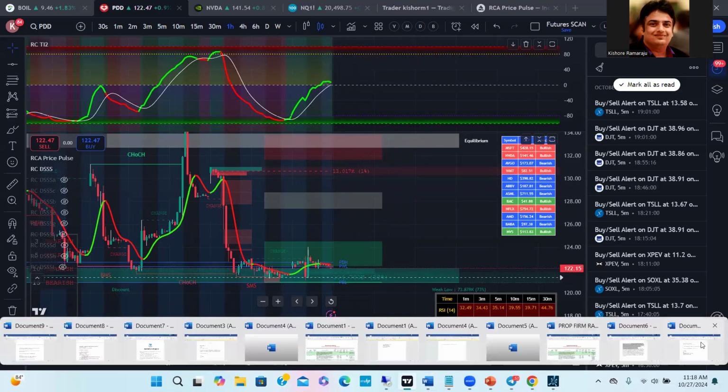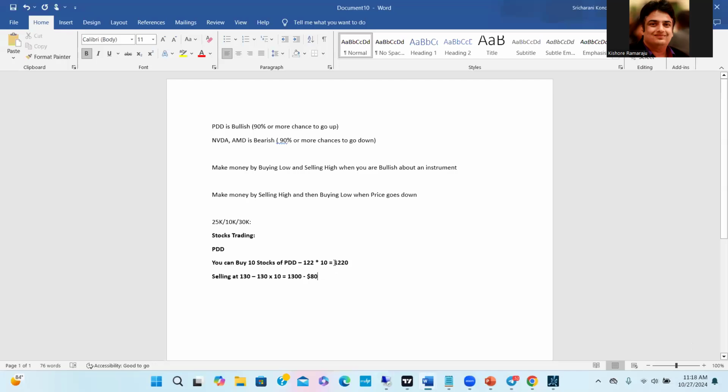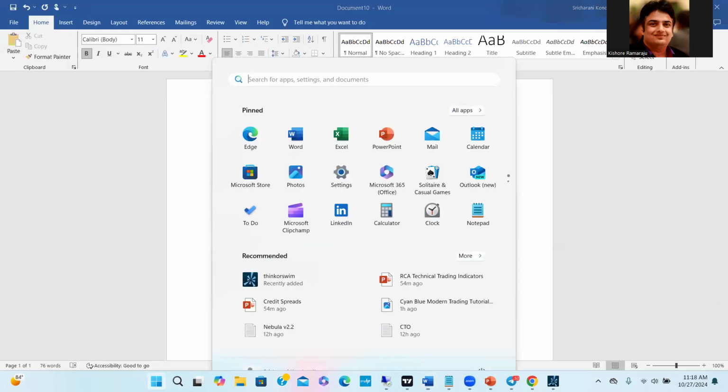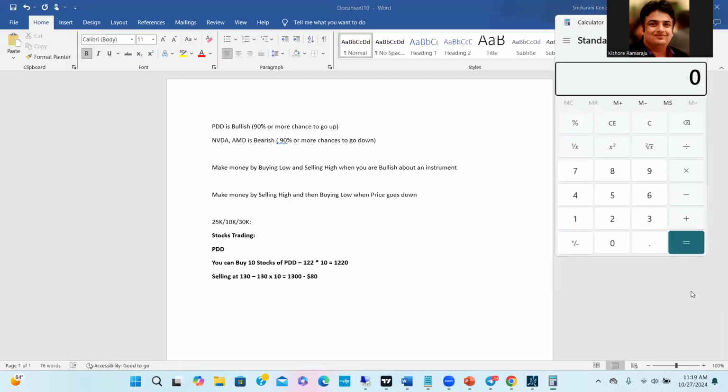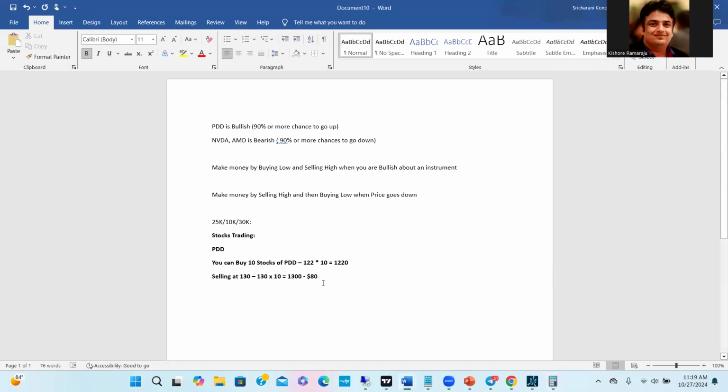But if you buy stocks, the problem is you are investing so much money. So if you look at return of investment, 80 divided by 1220 is maybe 0.06%. That is what you are making.